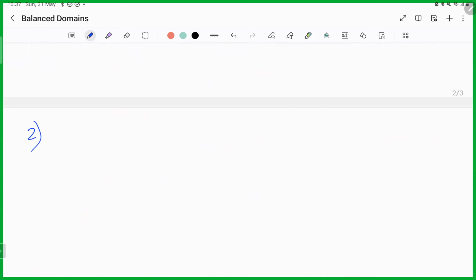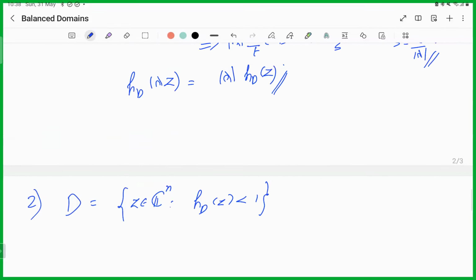If D is balanced, then D is exactly equal to the set of all z belonging to C^n such that H_D of z is less than 1. This is very simple, I'm actually not proving it, just telling.